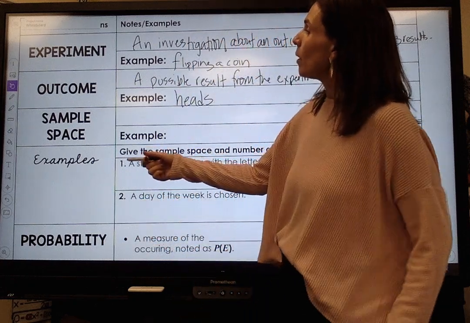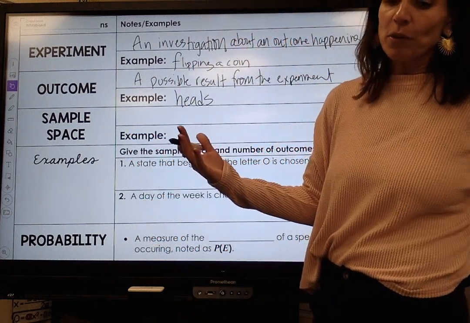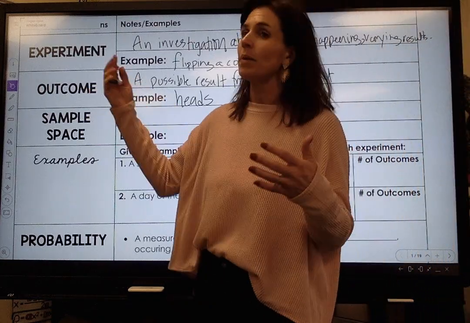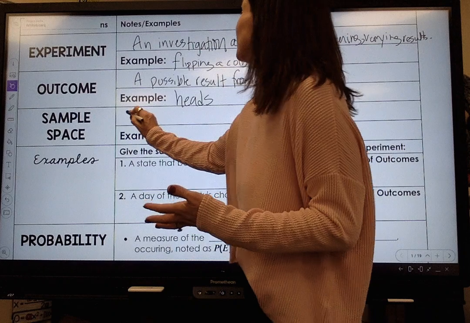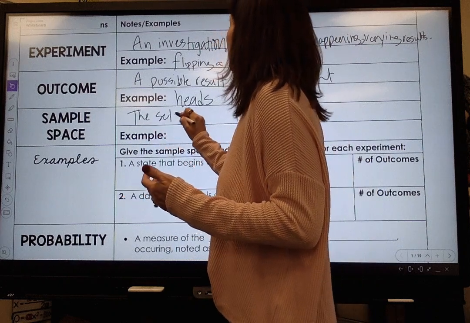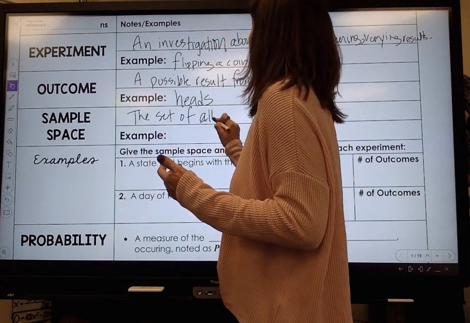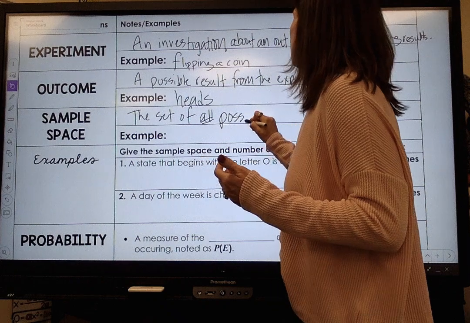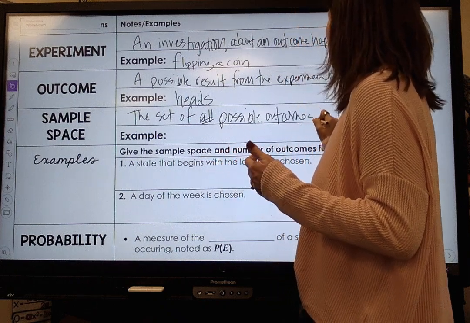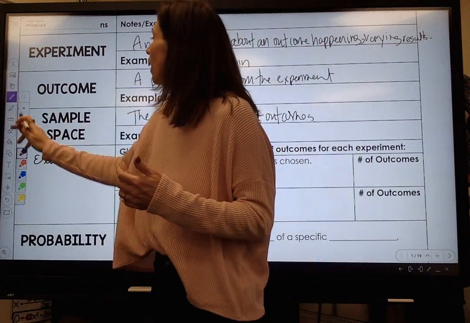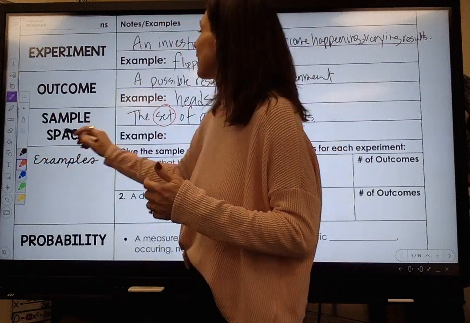Okay? So what is sample space? An outcome is what could happen, and then the sample space is just the set of all possible outcomes. Now, here's what I want you to remember. You've got this word here, the set.